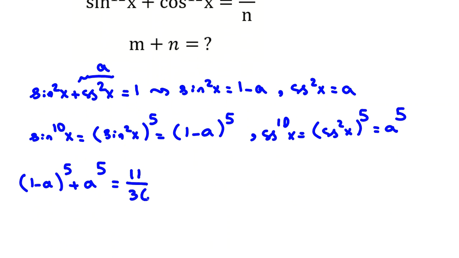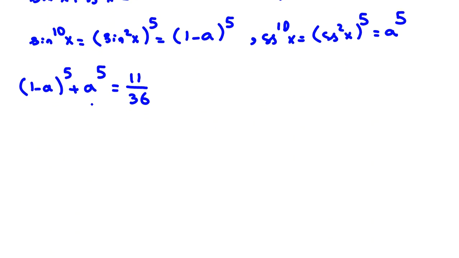Here, we want to reach something symmetric. Look, the sum of them is 1. So if we consider b equal to, for example, a minus 1 over 2, let's see what we have. If we write a in terms of b, then a equals b plus 1 half.